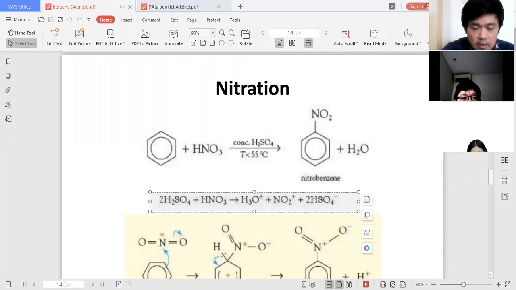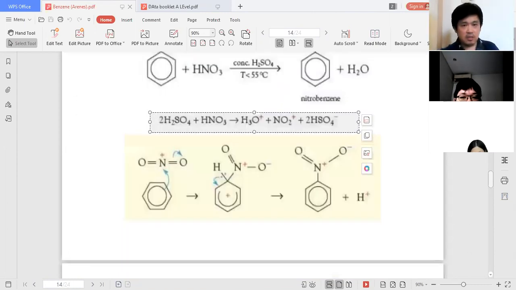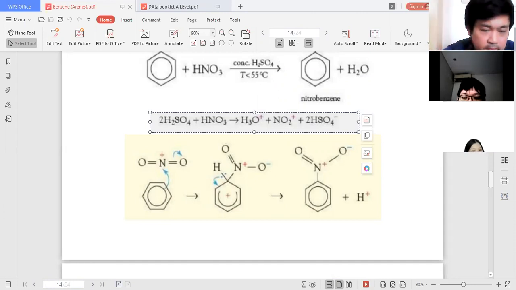Next, how is the mechanism of the nitrobenzene? It is the same concept, electrophilic substitution. The question is, how exactly is the mechanism? This NO2 has a positive charge. It has a lack of electron. And this benzene is rich in electron.